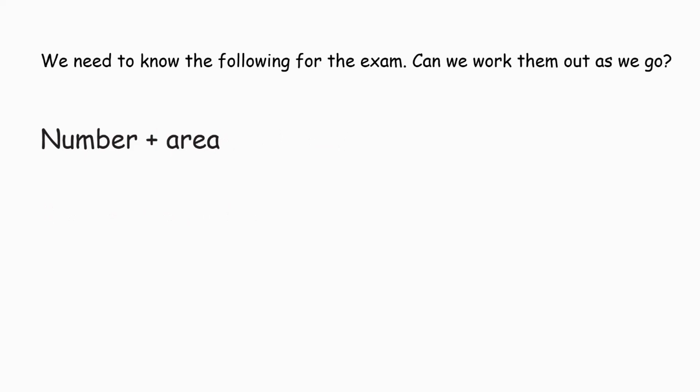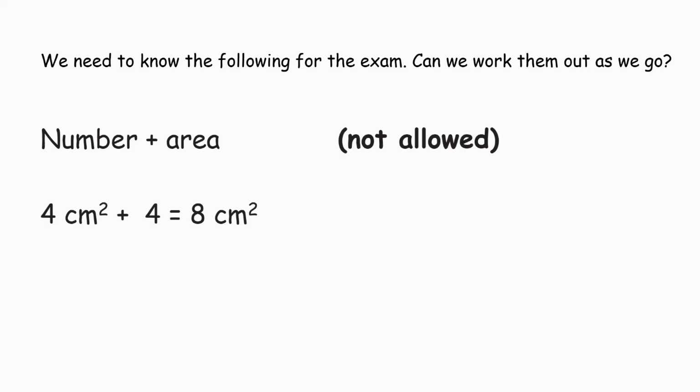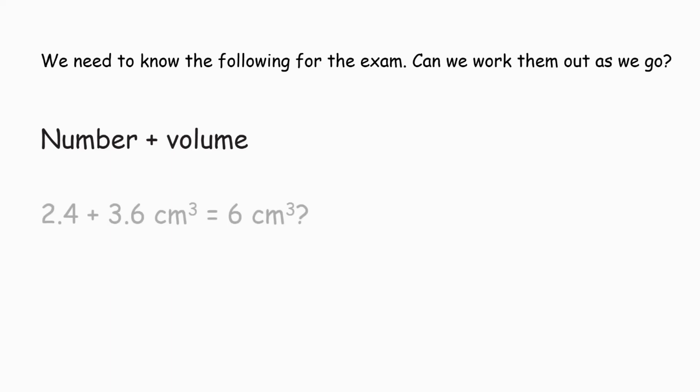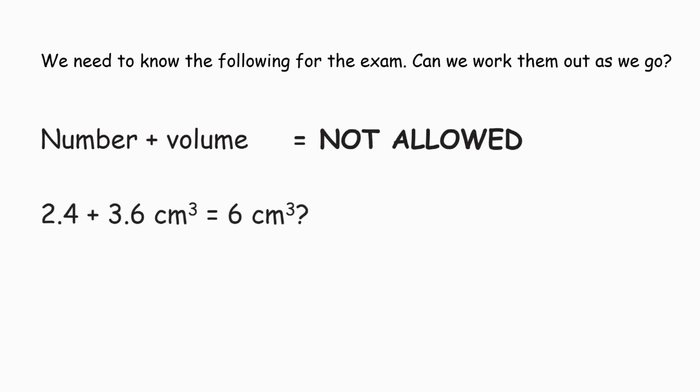A number plus an area, think about if that makes sense or not. No, that doesn't make sense. That's not allowed. An area plus an area, that does make sense. 4 centimeters squared plus 5 centimeters squared is 9 centimeters squared. A number plus a volume. We should notice by now that that's not going to make sense.